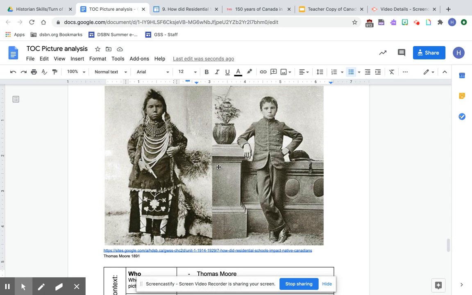We see the after here, where he is in a suit. He has short hair, similar expressions on his face. If you look at the exposure in the photo, here his skin color is darker than it is here. He's almost portrayed as lighter in this photo. Whether that is a mistake or on purpose, we don't know.